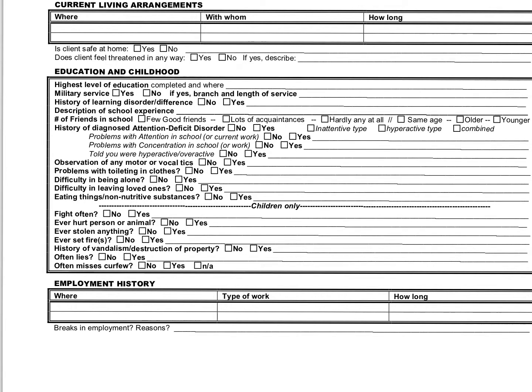Did you have difficulty leaving your parents or other loved ones? Did you ever eat things that you should not have eaten? Sometimes you'll get some strange looks from your client, like, what in the world type of question is that? But it's a question that is exploring pica, which, if you want to know more of what that is, I'll refer you to the DSM.